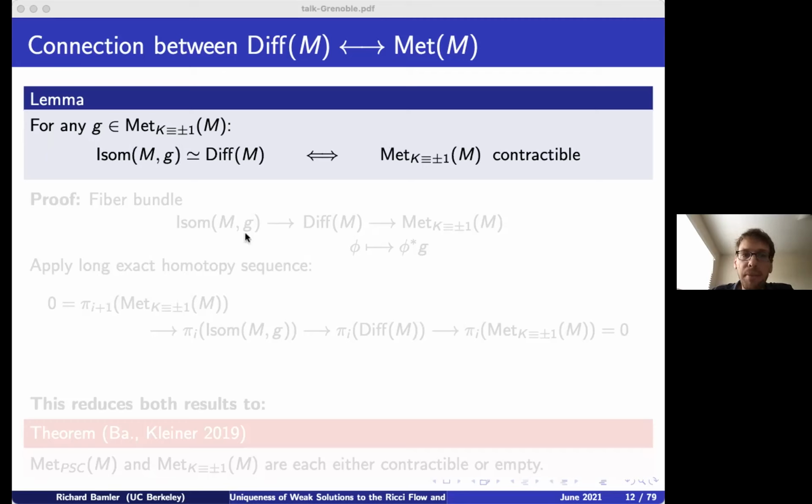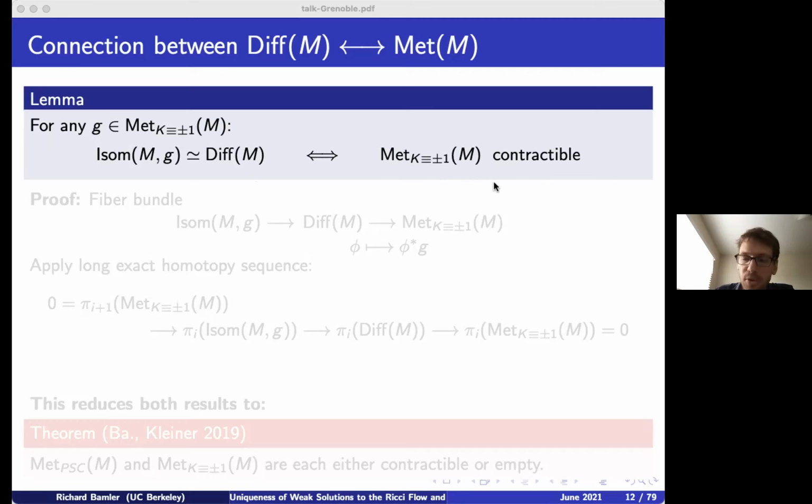The statement that we want to show in this generalized Smale conjecture, this homotopy equivalence, is actually equivalent to a statement on the topology of the space of constant curvature metrics, namely that the space is contractible. In other words, it suffices to prove this in order to prove what we want to achieve.